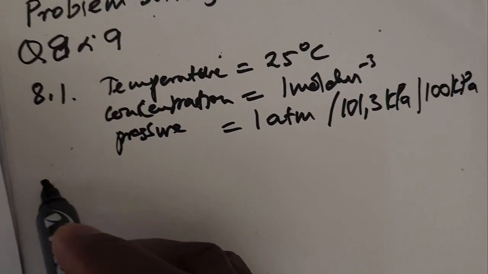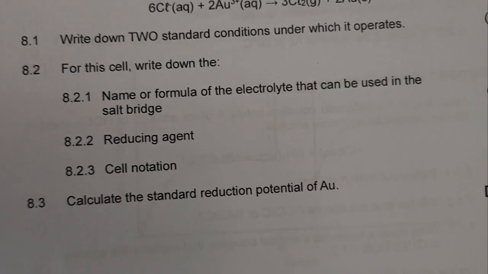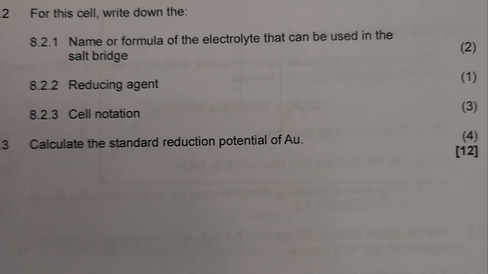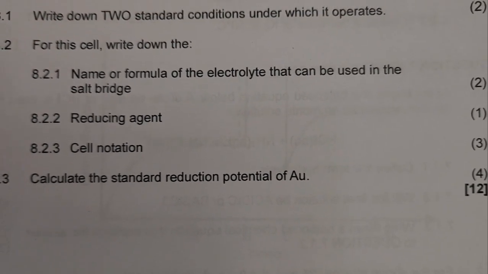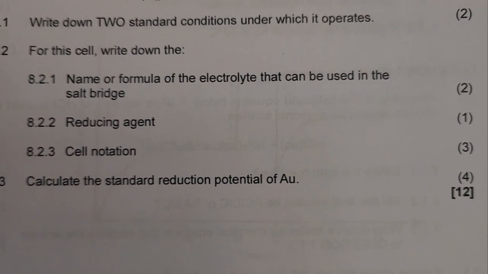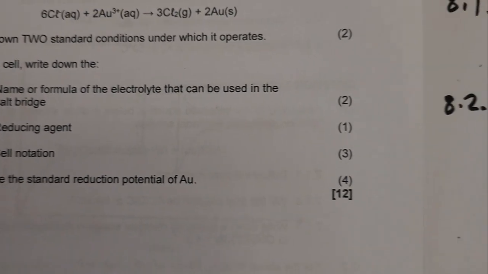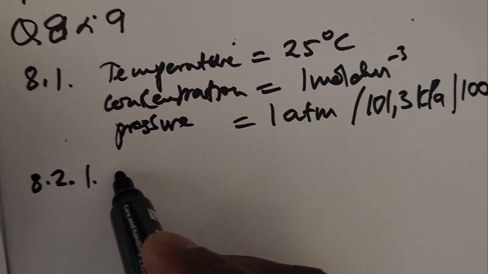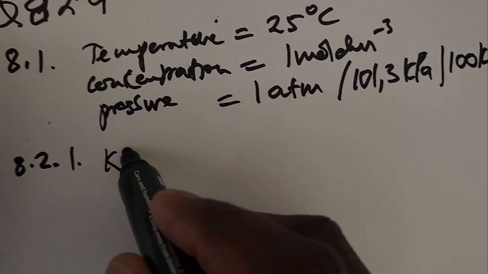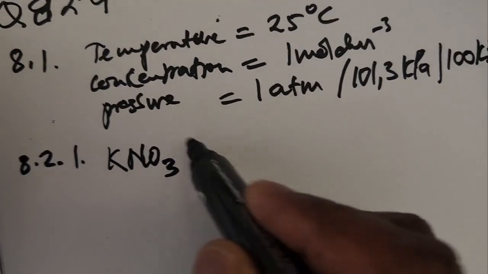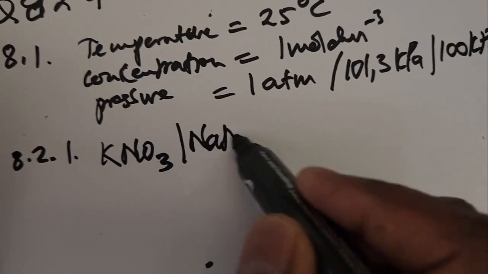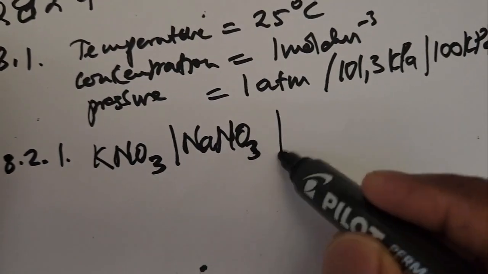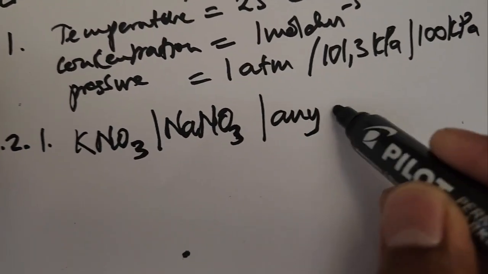Fine. 8.2.1, they're telling us to write down the name or formula of the electrolyte that can be used in the salt bridge. Remember, for a salt bridge we need an ionic compound. In this case, we can use any nitrate, potassium nitrate, sodium nitrate, or just say any soluble salt.